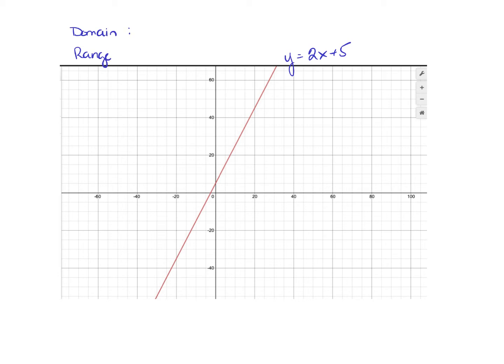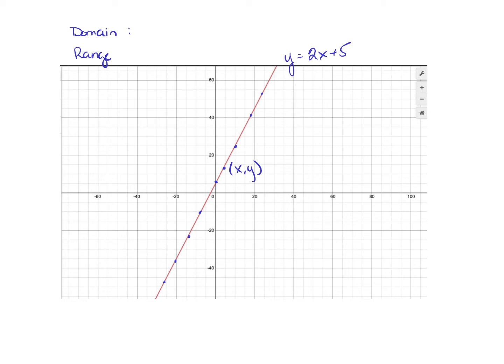So all the x values that make this function exist, it consists of all the points. I'm just putting a couple here, but you can imagine that this line, y equals 2x plus 5, is made up of an infinite number of points, and every point has a coordinate, some x comma y. So every single x value that makes up this line makes up the domain for the function.